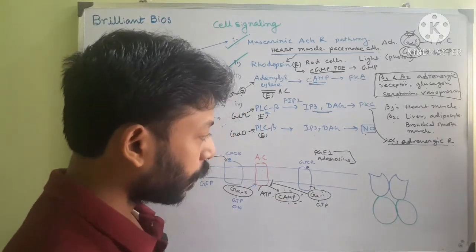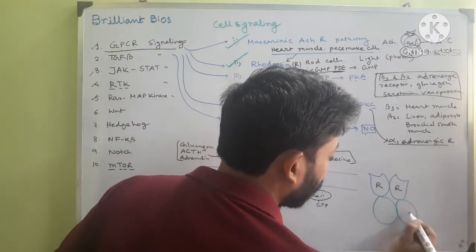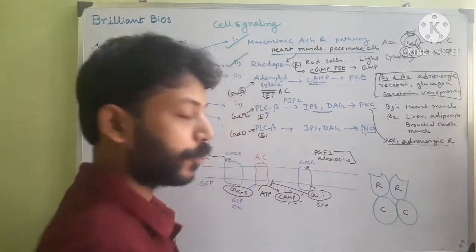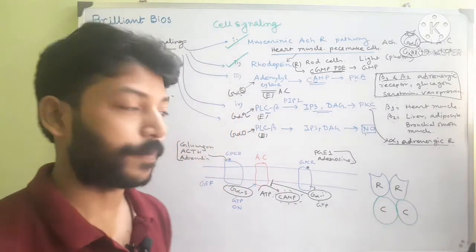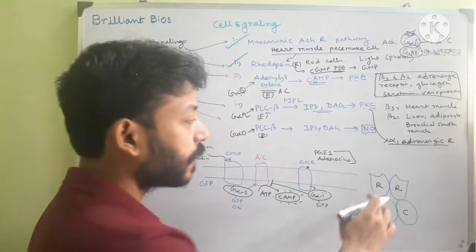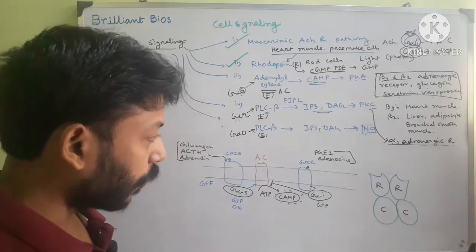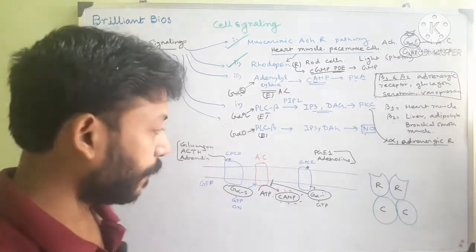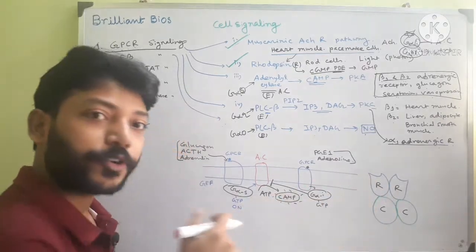These molecules are called regulatory subunits, and these green ones are called catalytic subunits. That means this green portion is actually the active enzyme, but it is suppressed by the regulatory subunit of the same protein. Now, there is a binding site for cyclic AMP in the R or regulatory region.